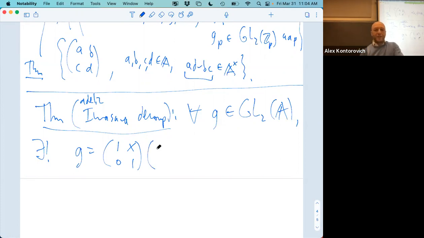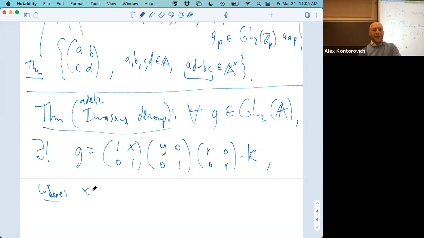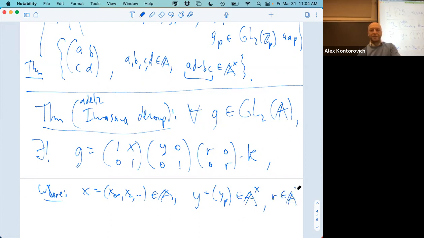Okay, so let's say the matrix (1 x; 0 1), times (y 0; 0 1), where one is just one in all the entries. That's right. There's a unit in the ideles, times k. Where, okay, x is in the adeles. x infinity, x_2, and so on. y, again, is an infinite product that's in the ideles.